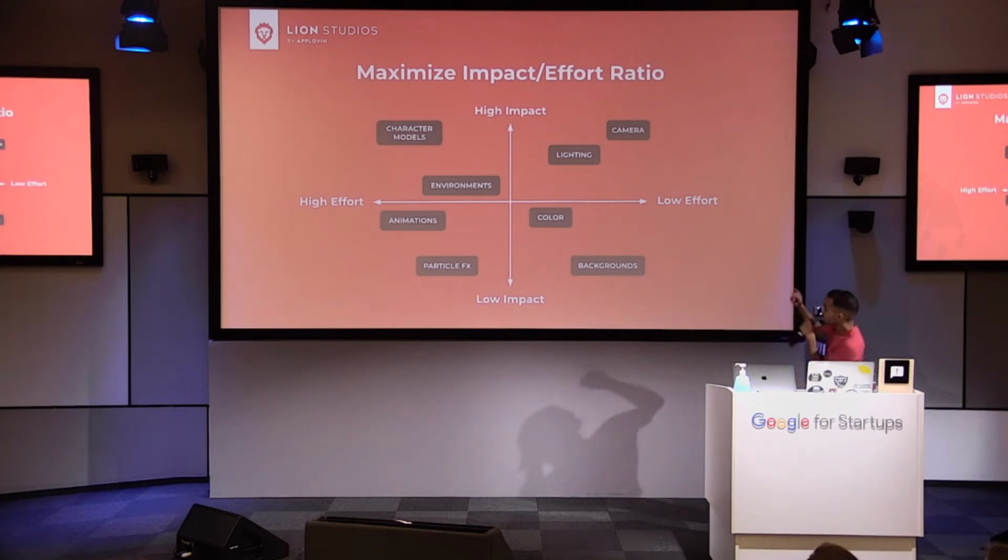So as you can see here, the first thing we will try to do for a project is change its camera and its lighting, because it's really simple to do and it has a high impact. The worst thing you could do as a marketing developer is change the animations, because it takes a lot of resources. You gotta have animators, riggers, 3D modelers, and it doesn't have real high impact on the creatives.